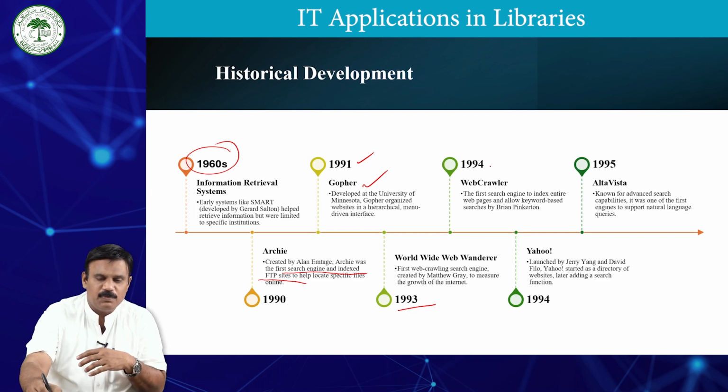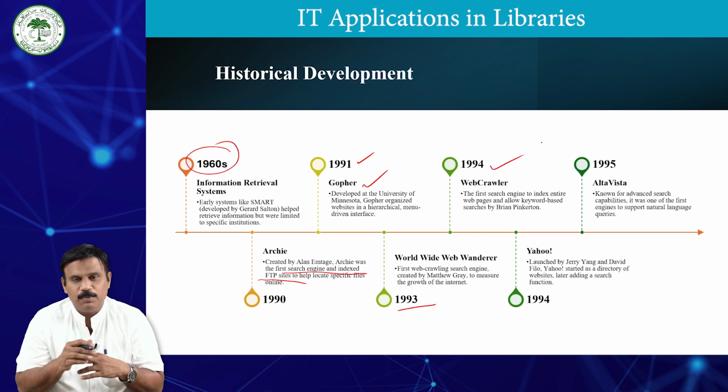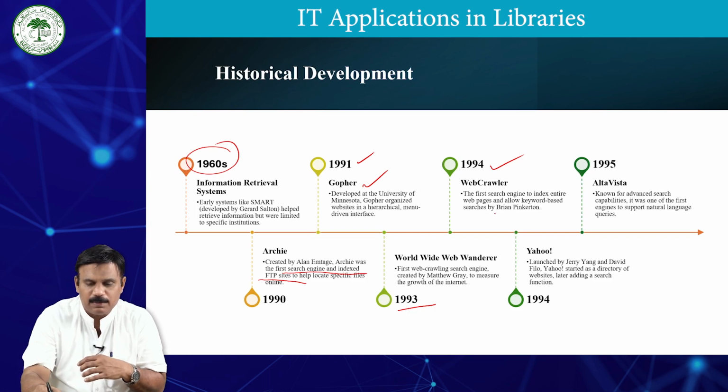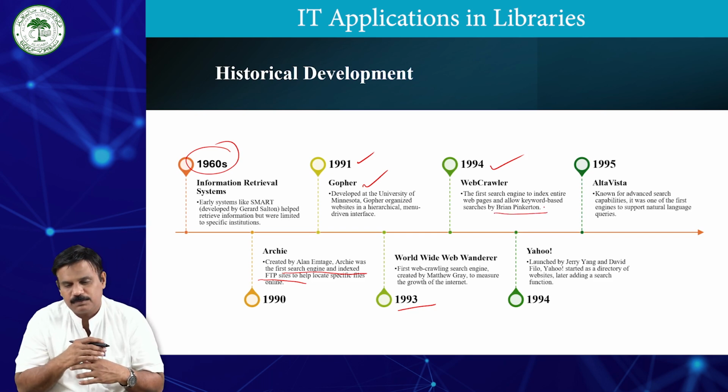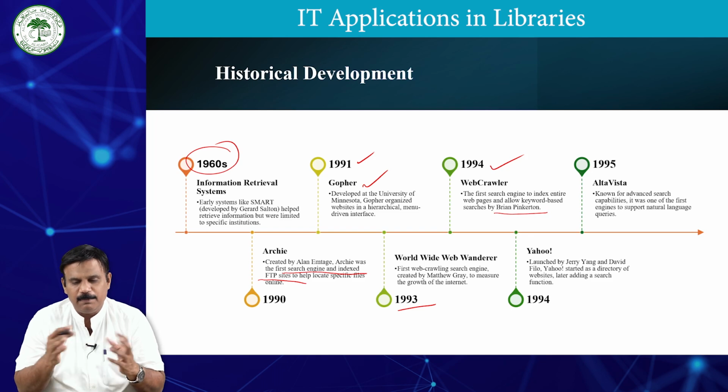In 1994, we will find WebCrawler, the first search engine to index entire web pages and allow keyword-based searches, by Brian Pinkerton. So Brian Pinkerton is the man behind the first full-text search engine, WebCrawler.